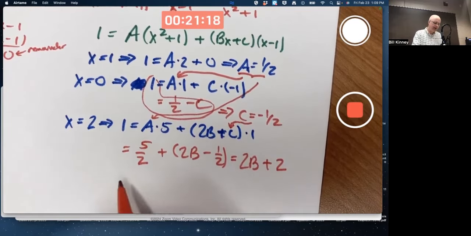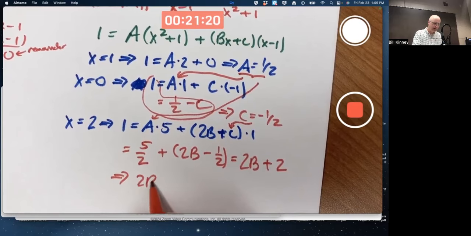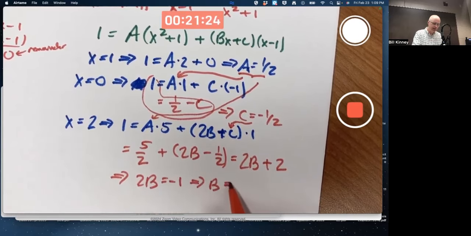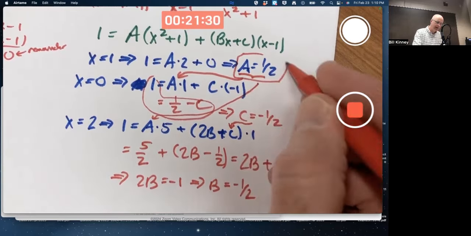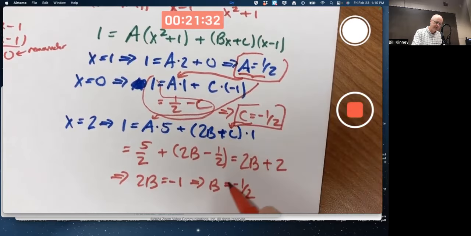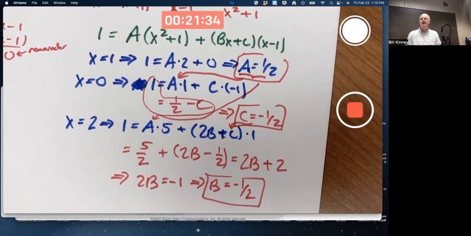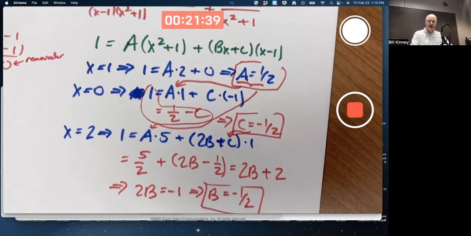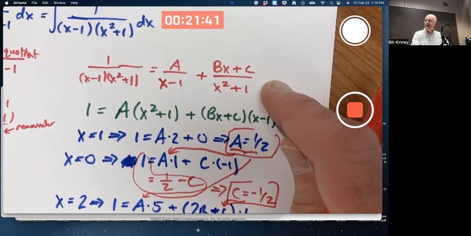And then solve for b. 2b will be 1 minus 2 is -1, and therefore b is also -1/2, just like c is. There are my values of a, c, and b. 1/2, -1/2, and -1/2. Go back up here and plug them all in and integrate.